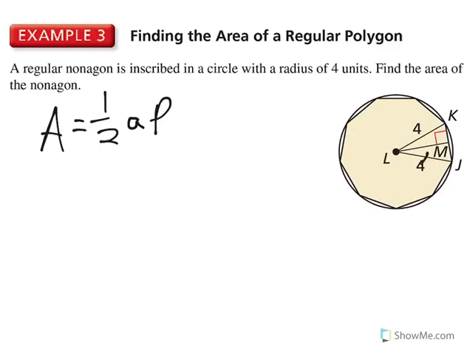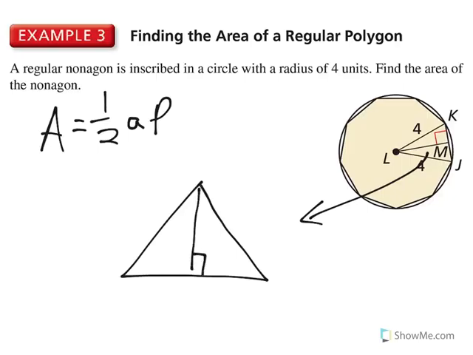So if we first think about this triangle, I'm just going to redraw those triangles here. We have the radius on the outsides, which is 4. This would be our points L, K, and J. I'm just redrawing it. This is our apothem, and this whole thing would be our side. If I want to find these sides, I can think about finding the angle first.